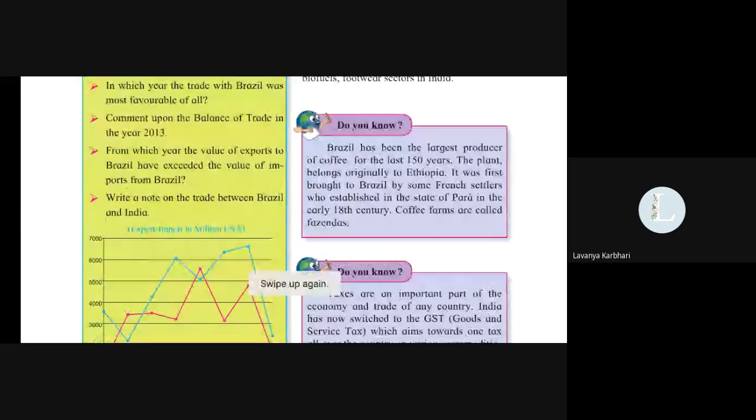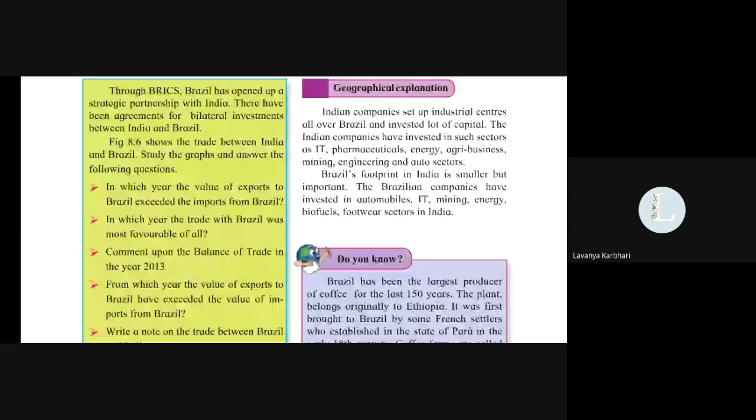Okay. So Indian companies set up industrial centers all over Brazil and invested a lot of capital. तर इंडियातील ज्या काही कंपनीज आहे त्यांनी त्यांच्या ब्रांचेस किंवा त्यांचे सेंटर्स इंडस्ट्रियल सेंटर्स हे ब्राझीलमध्ये मोठ्या प्रमाणात ओपन केले आणि त्यासाठी मोठ्या प्रमाणात भांडवल किंवा कॅपिटल त्यांनी गुंतवलं आहे, इन्व्हेस्ट केलेलं आहे.